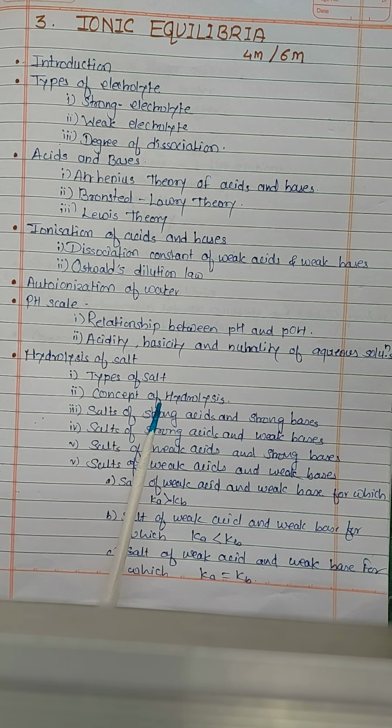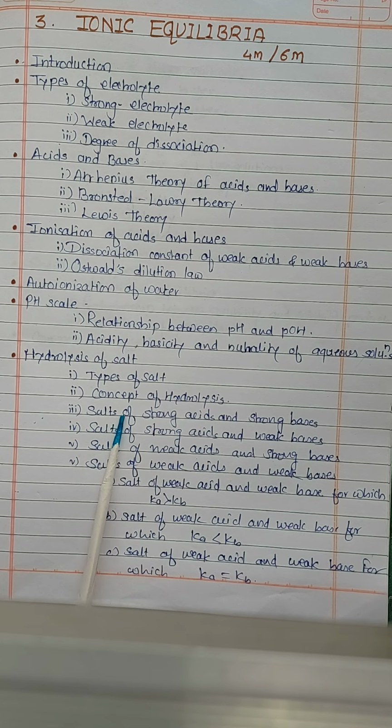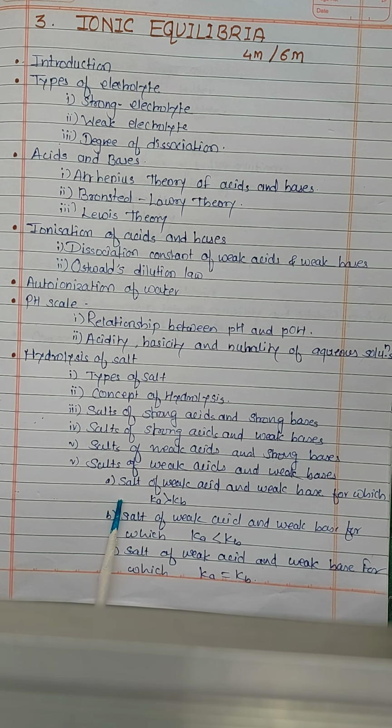First one, types of salts, then concept of hydrolysis, salt of strong acid and strong base, salt of strong acid and weak base, salt of weak acid and strong base, and salt of weak acid and weak base.